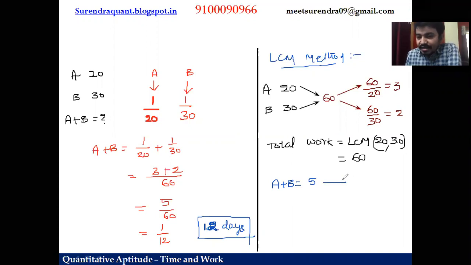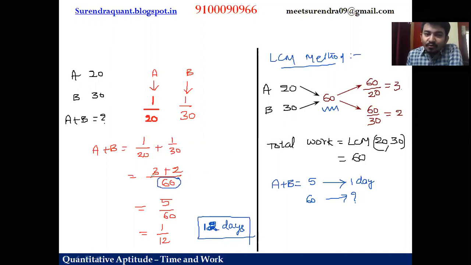So if they eat 5 chocolates in 1 day, what is the total work? The total work is 60 units, right? So 60 units A and B can eat in how many days? Simple. Can you see? This is similar to this expression, but instead of the fractions, we are trying to do the question in terms of integer values. Can you see this 60 is this denominator part.